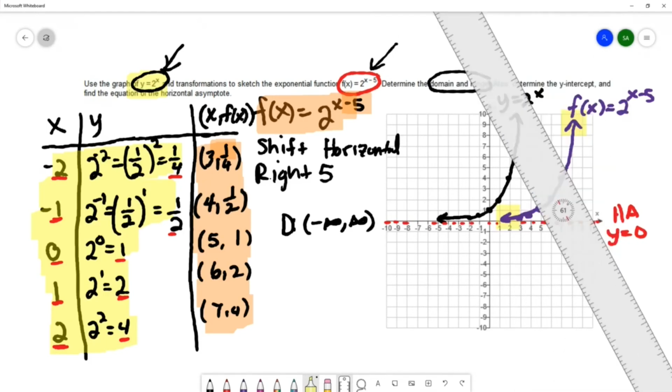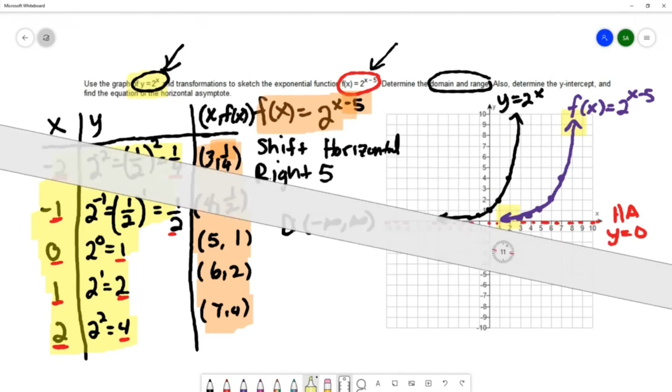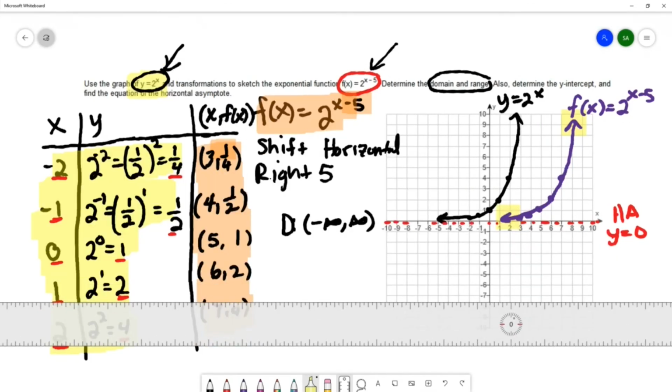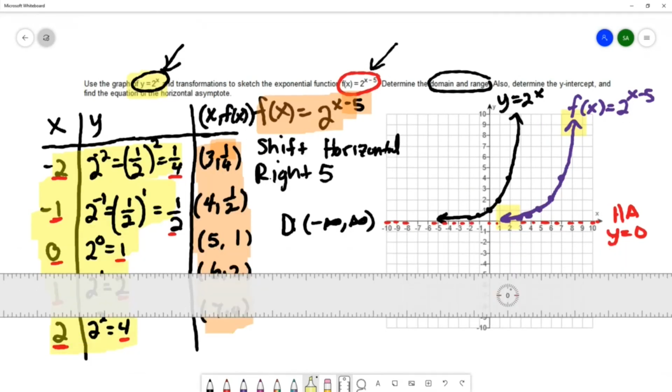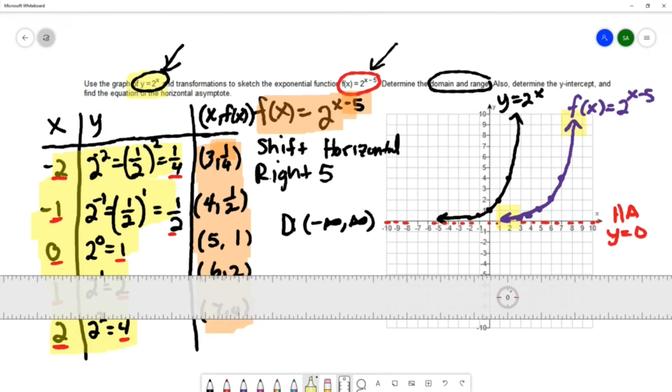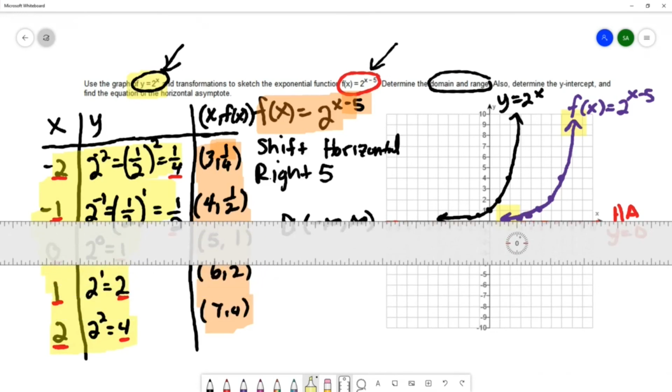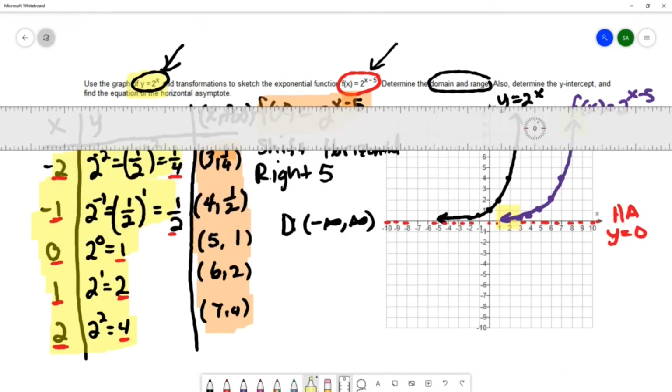Then we can hold our ruler horizontally to find the range, and you can see that on the bottom here, there are no y values until we get to this horizontal asymptote at 0. So the range will start at 0 and will continue on to infinity. We have a range that starts at 0 and goes to infinity.